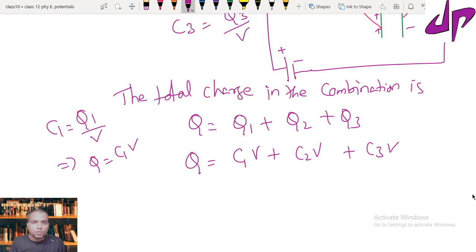Now we replace the Q to find the total capacitance.